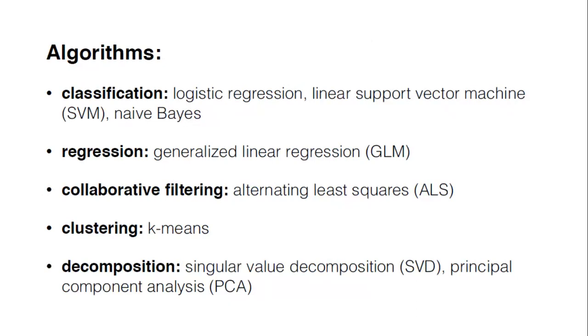And the list is growing fast, so you should be able to look up the API documentation on the Apache website, and you will see all the new algorithms that are available in SparkML. You also have neural networks, and I believe some framework for doing deep learning. Okay, so all of that is now currently available in SparkML.